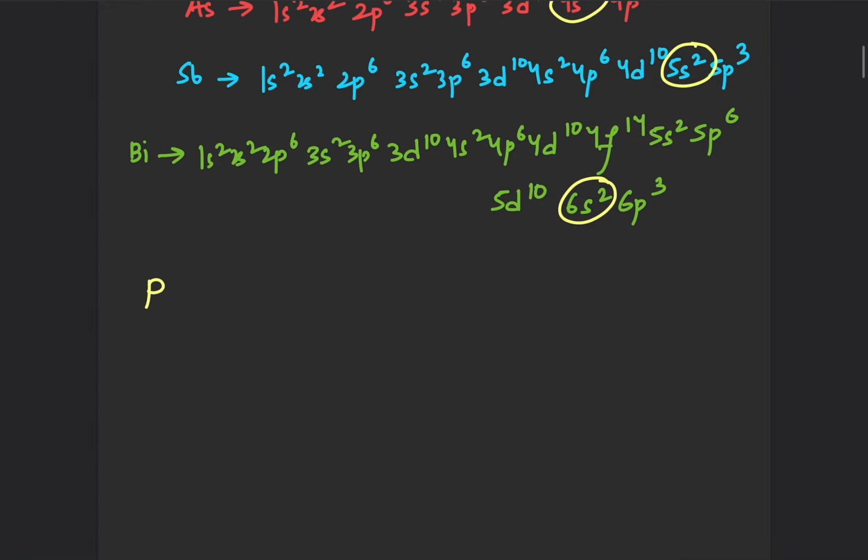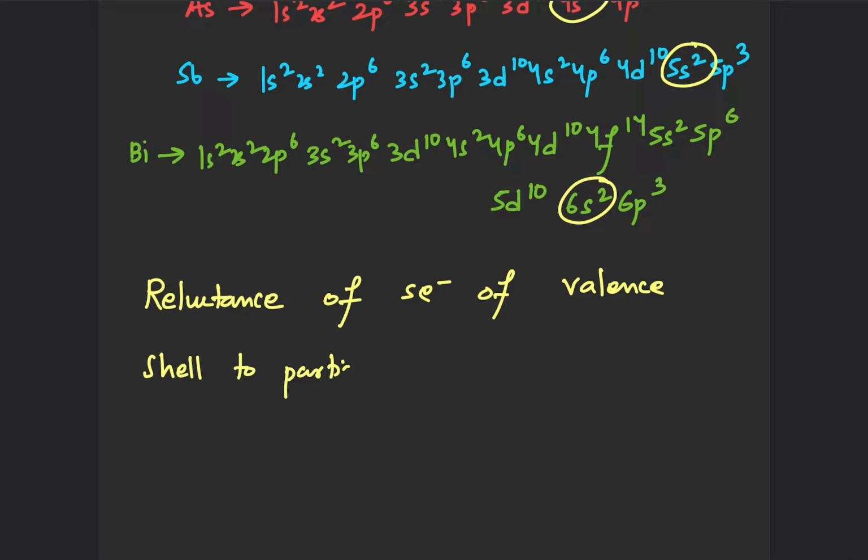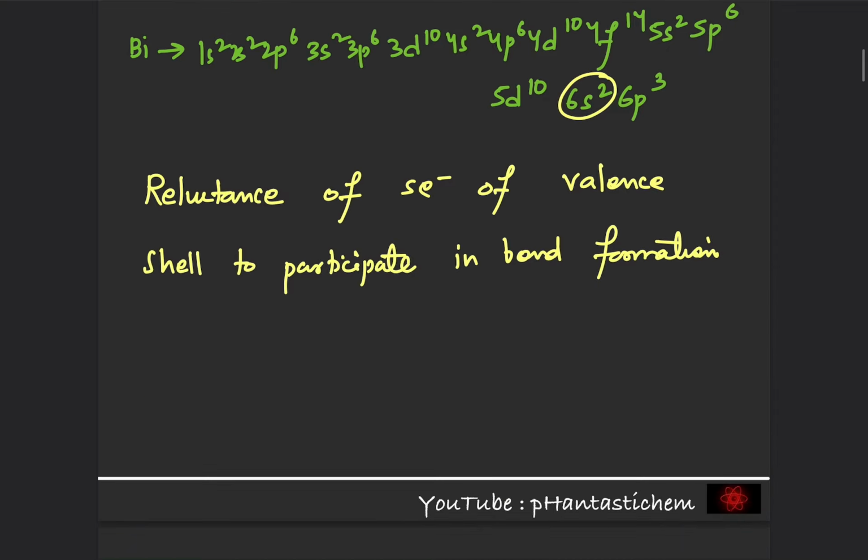I will write that down: reluctance of the s electrons of the valence shell to participate in bond formation is known as the inert pair effect.